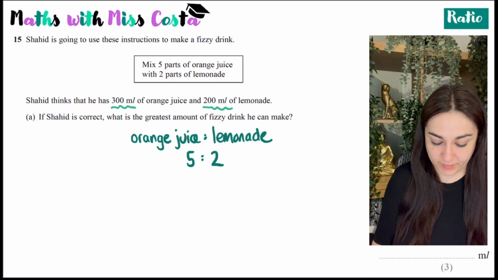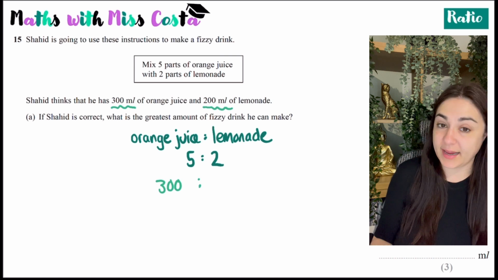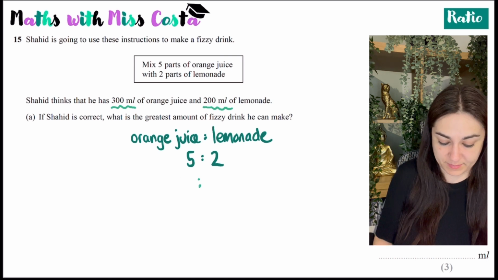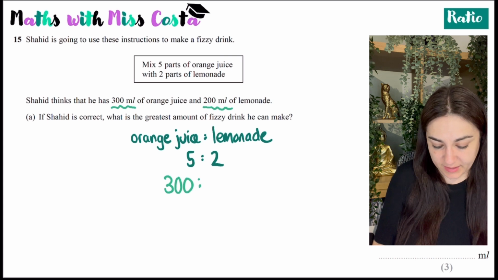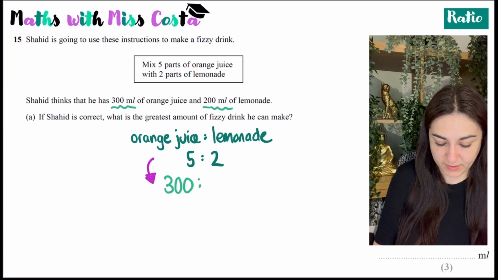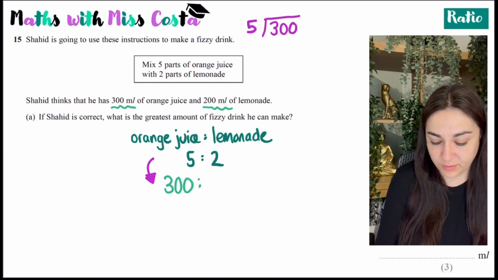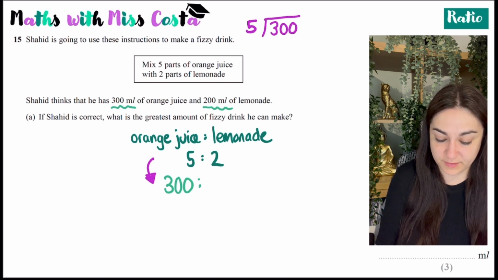So we can see what we can do with that. I need to figure out, if I have 300 millilitres of orange juice, how much lemonade do I need? So I make my ratios equivalent, and I think to myself, what do I need to multiply 5 by to get to 300? So I can do 300 divided by 5 to figure that out.